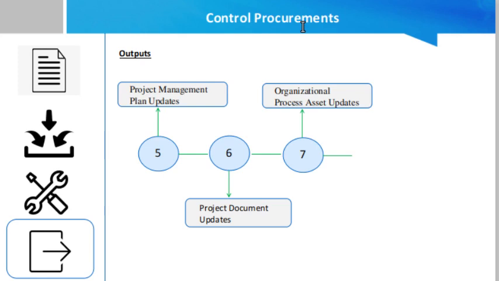Controlling means that we are controlling how we will purchase the goods and services, and if any change request is required, and we are also monitoring the performance of the vendor as well, and we are controlling the whole process of purchasing goods and services. Wherever it is required to make some changes, wherever it is required to take some action, and if everything goes well, you have to close the procurement at the end of the process.